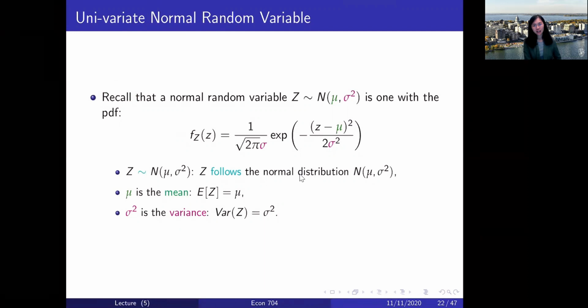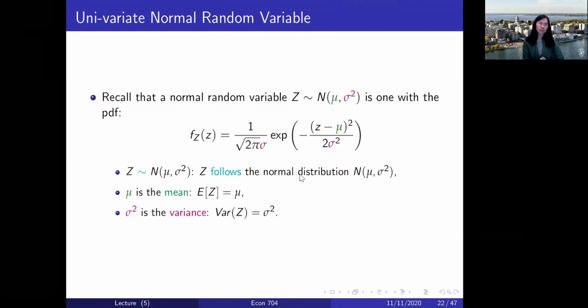In the scalar case, when you have only one normal random variable, say of mean 0 and variance sigma squared, the probability density function is of this form. It's 1 over square root 2 pi times sigma, which is the standard deviation of the random variable, times exponential minus z minus mu squared divided by 2 sigma squared.